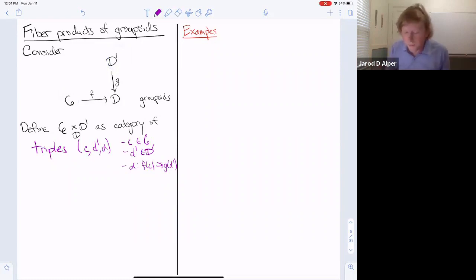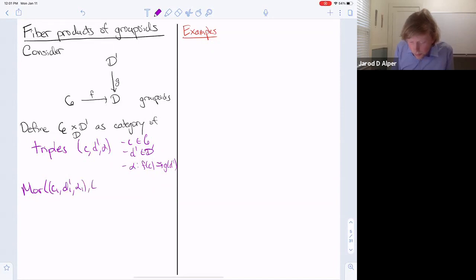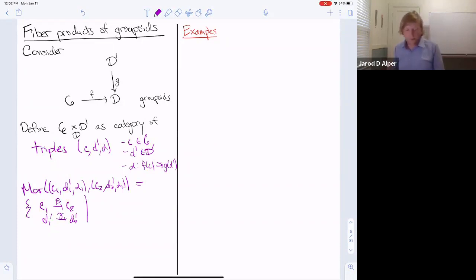To spell out what morphisms are, a morphism from (C1, D1 prime, alpha 1) to (C2, D2 prime, alpha 2) should be a collection: first, an isomorphism from C1 to C2, let's call that beta, and then an isomorphism from D1 prime to D2 prime, let's call that gamma. These should satisfy a compatibility condition.